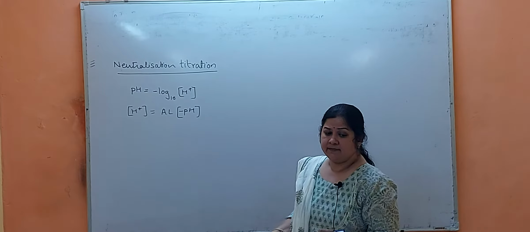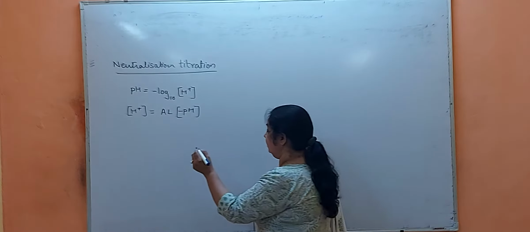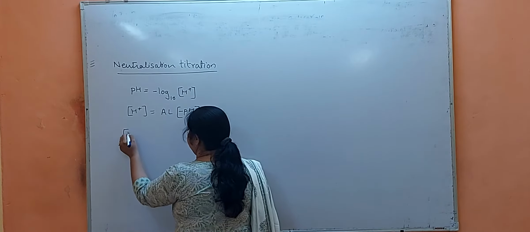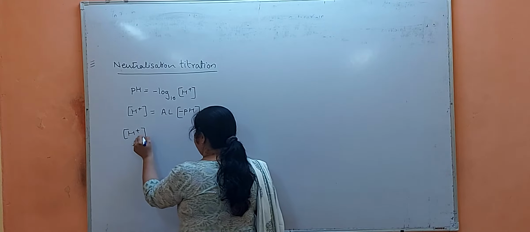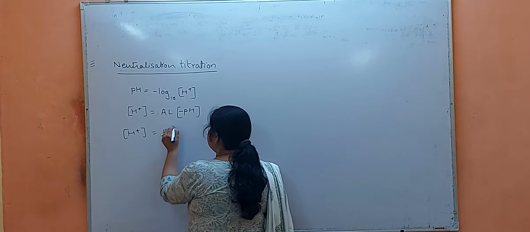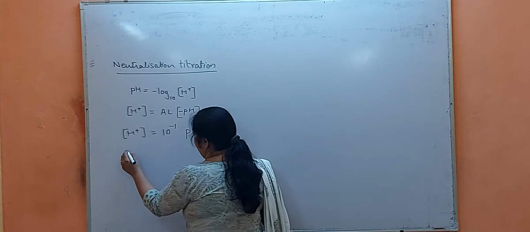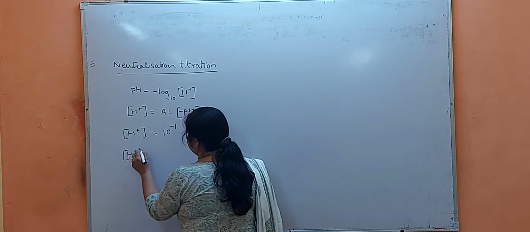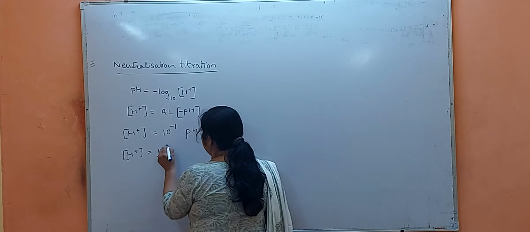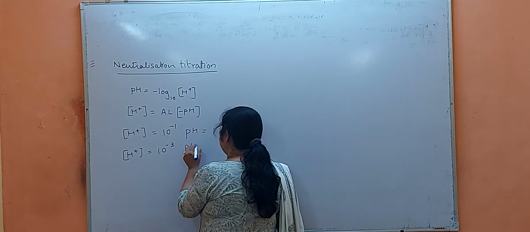Now suppose we have H+ ion concentration as 10 raised to minus 1. Then the pH of the solution will be equal to 1. If we have H+ ion concentration as 10 raised to minus 3, pH will be equal to 3.